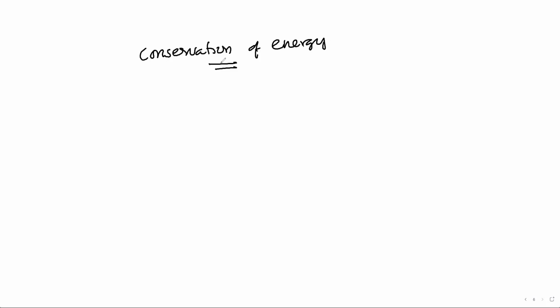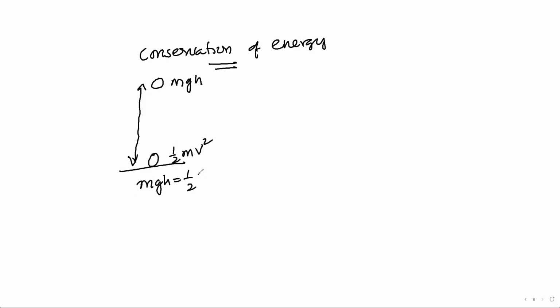Already we studied it. For example, if I consider an object at height H, it has potential energy, kinetic energy is 0. When it comes to ground, all its potential energy converts into kinetic energy. According to conservation of energy, you can write mgh is equal to half mv square.